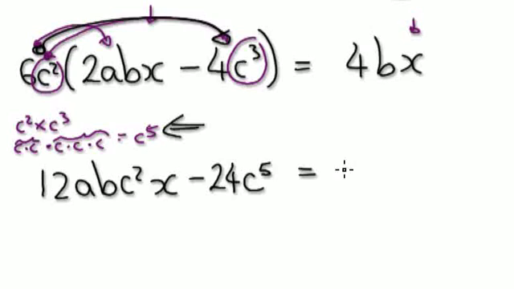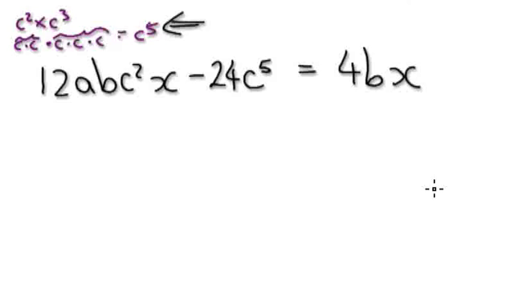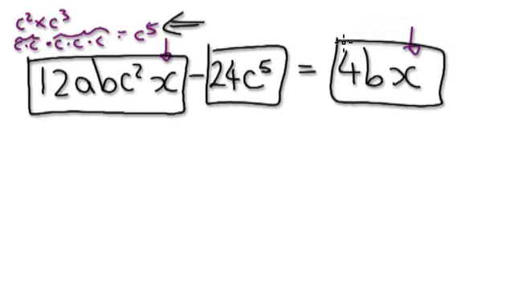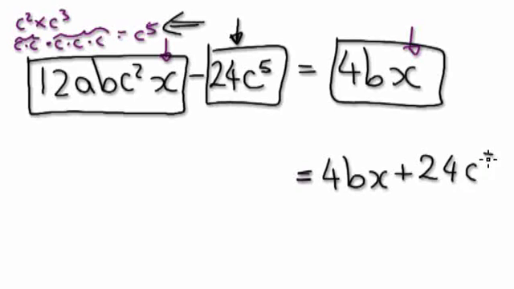Okay, on the right hand side it will be 4bx, and now keep an eye on x. X is here and here. Let's visualize this as one block here. You've got one block, take away this block equals this block here. So let's add this block to both sides. So it will be this 4bx, and then add 24c to the power 5.